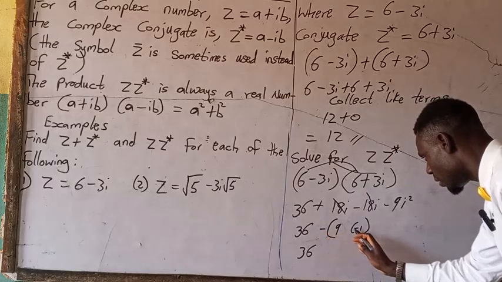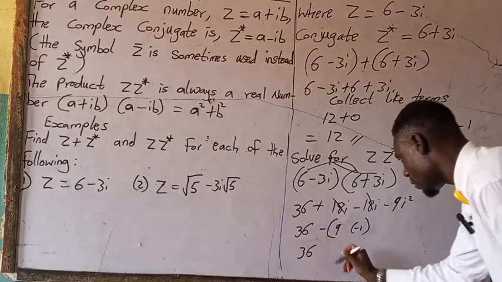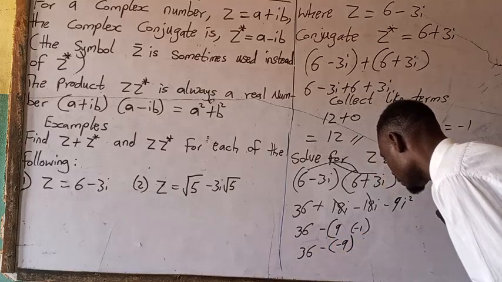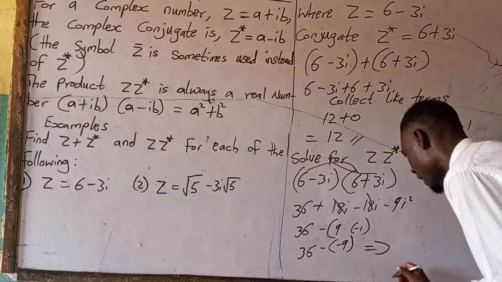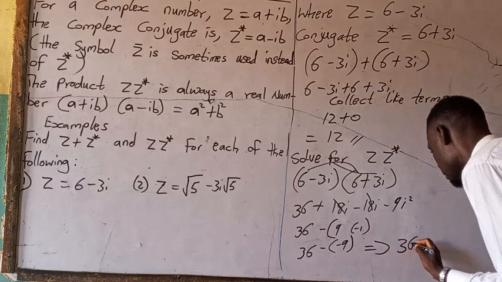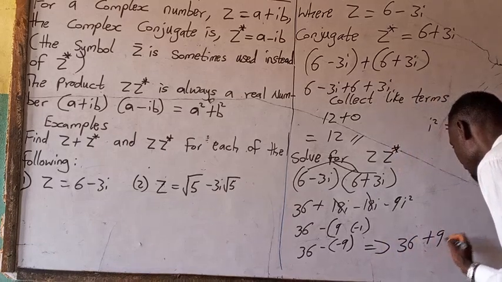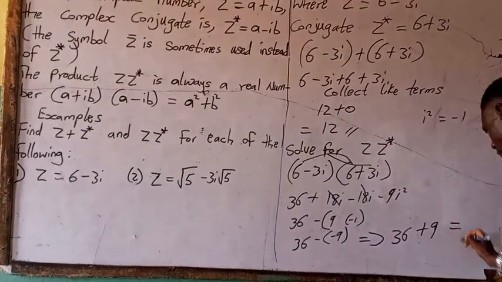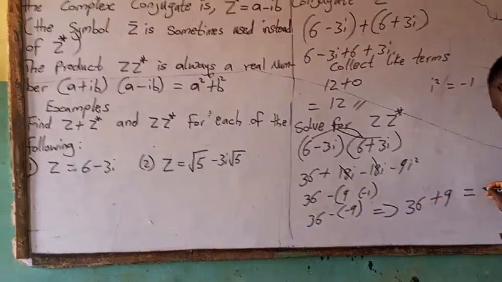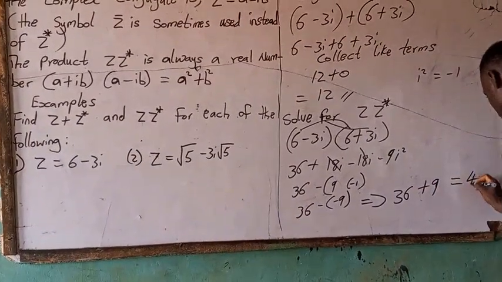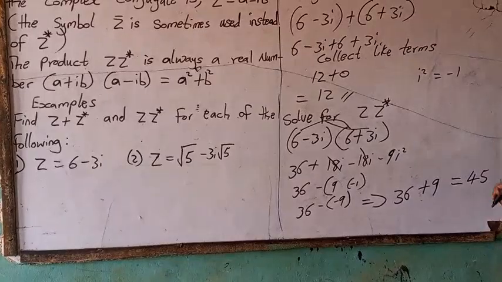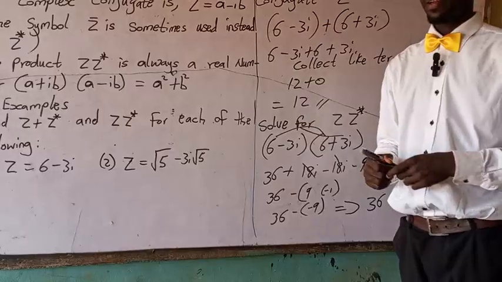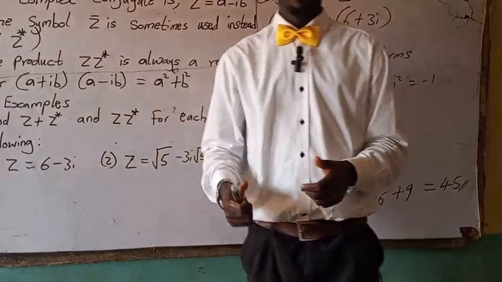This one, if this times this, will give us minus bracket minus 9, which implies that we have 36 plus 9. 36 plus 9 should give us 45 as an answer. 45.